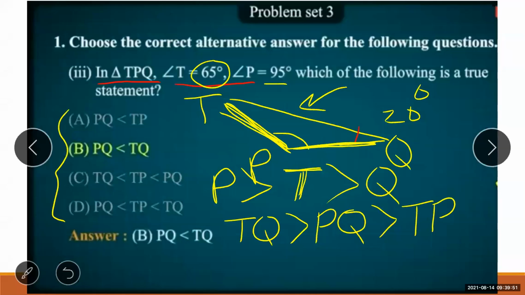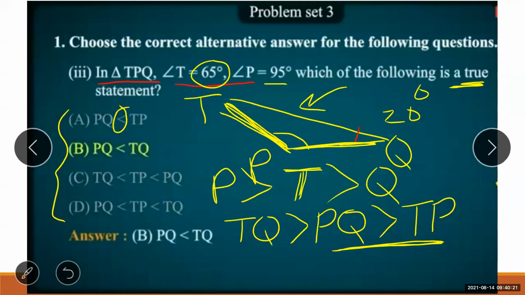Now see the four options given. We have to find which of the following is true. Let's check one by one. PQ is less than TP. Here it says less than, but PQ is greater than TP.